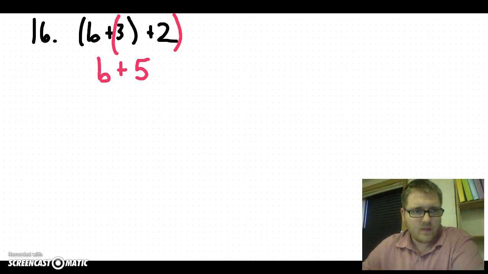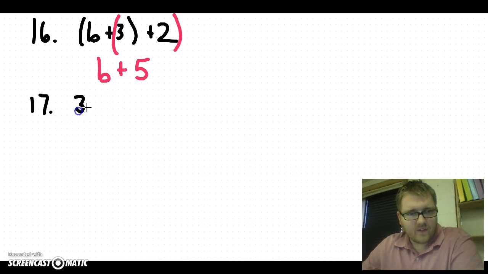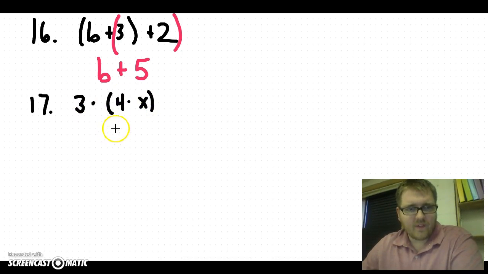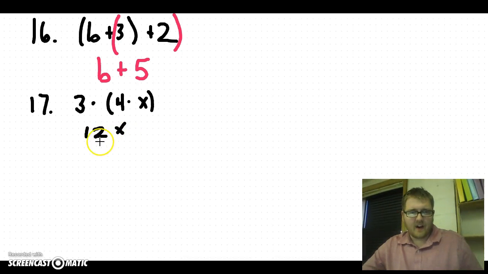So then for 17, I've got 3 times 4 times x, same idea. I can group the 3 and the 4 together instead, and I get 12 times x. Remember, if there's a number and a variable, we don't need the dot. We can just write 12x.